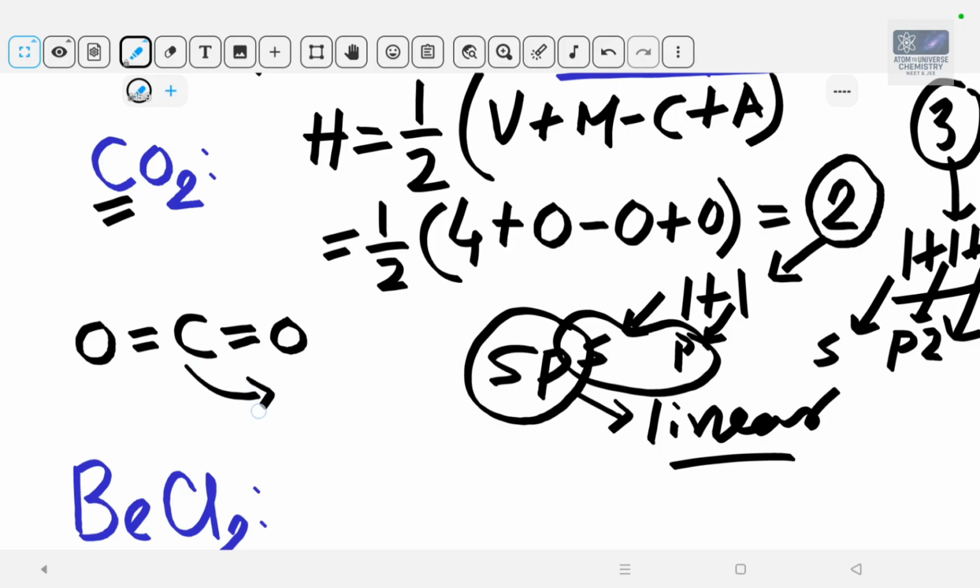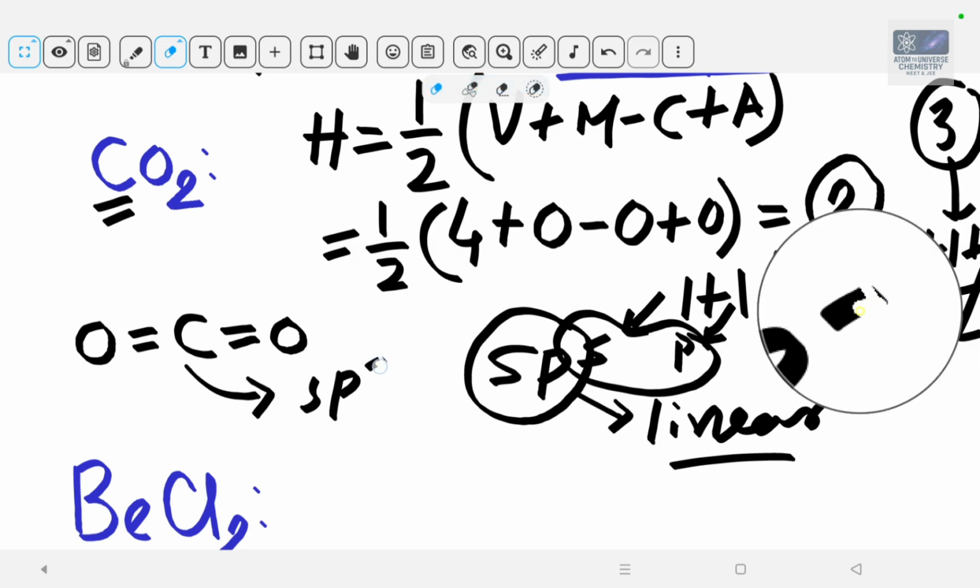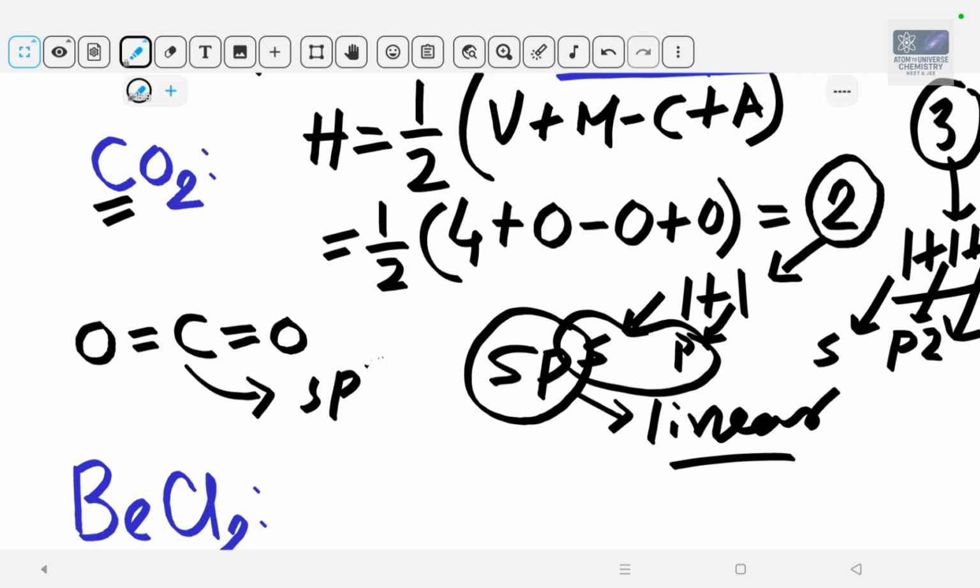In that case, the central atom is carbon, so it undergoes hybridization of sp, not sp2. It will be sp, and the bond angle will be 180 degrees.